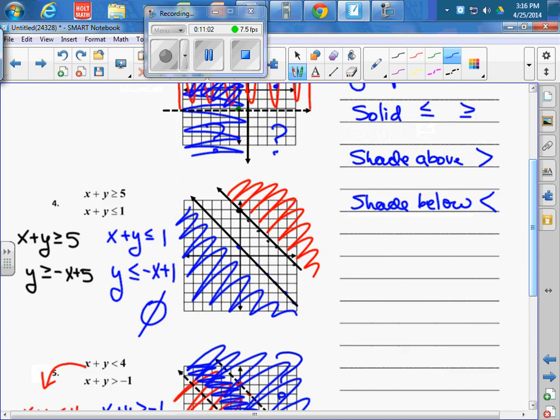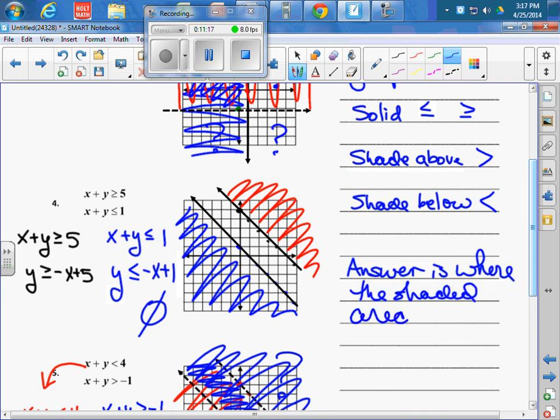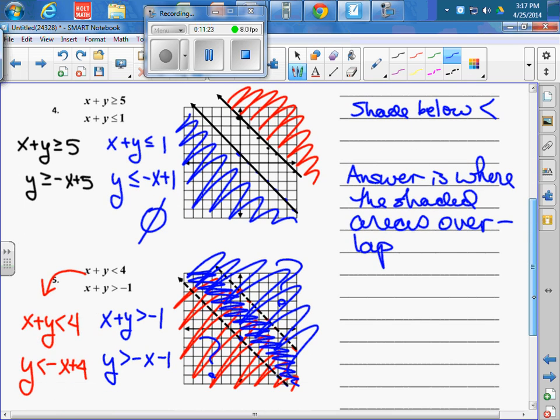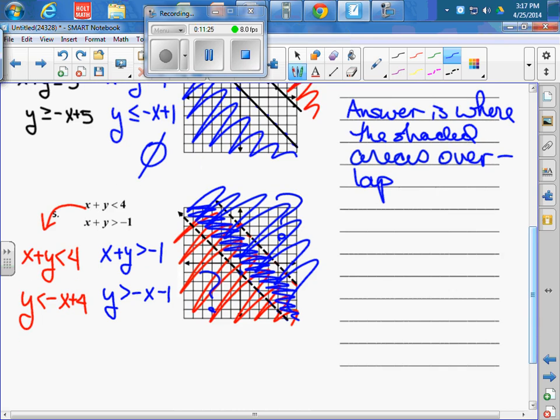Your answer is going to be where the two shaded areas overlap. And if they don't overlap, like they did in number 4, there's no solution.